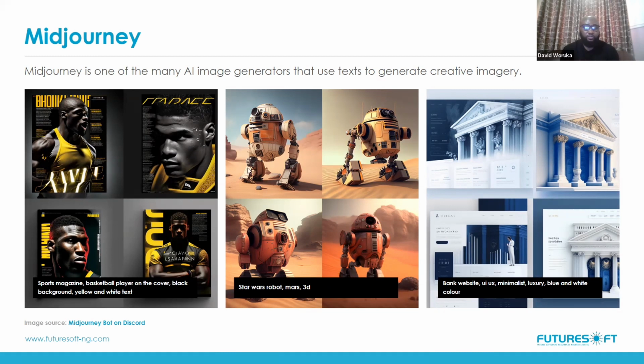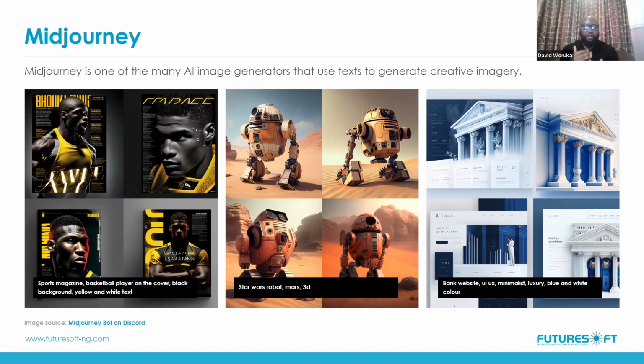And then as well, if you look to the left, you see I've inputted a prompt to say sports magazine, basketball player on the cover, black background, yellow and white text. Now, while the texts that are generated here are incoherent and are basically not in a recognizable language, and some of the images are not looking very human-like, this can actually serve easily for inspiration.